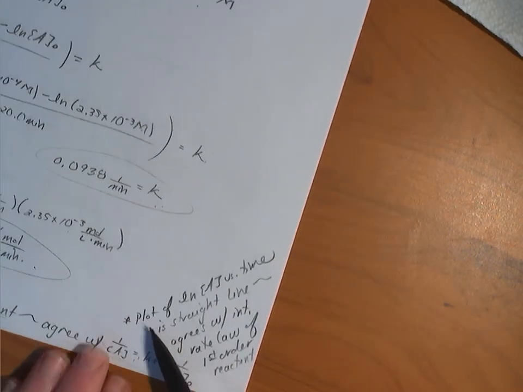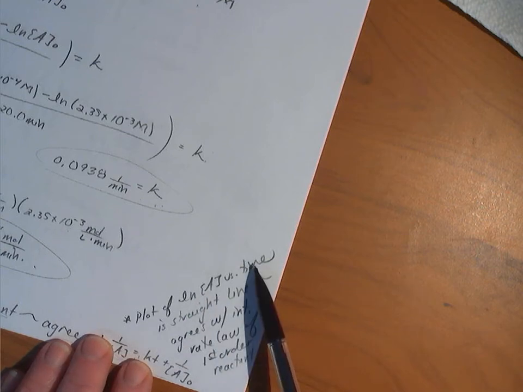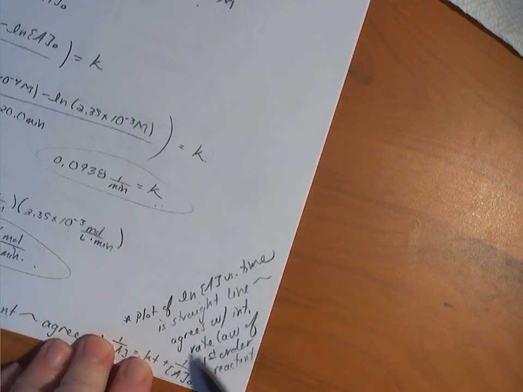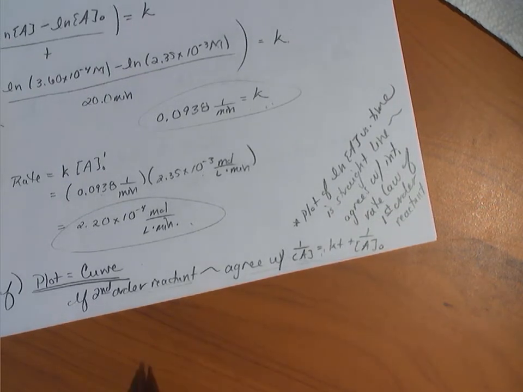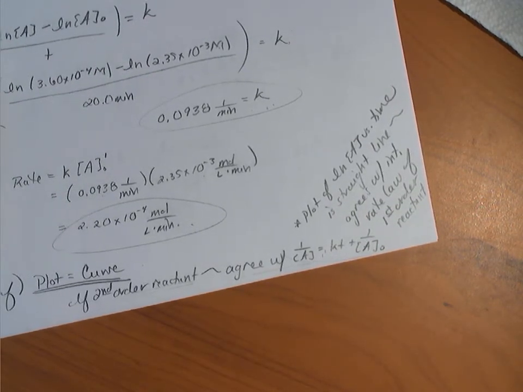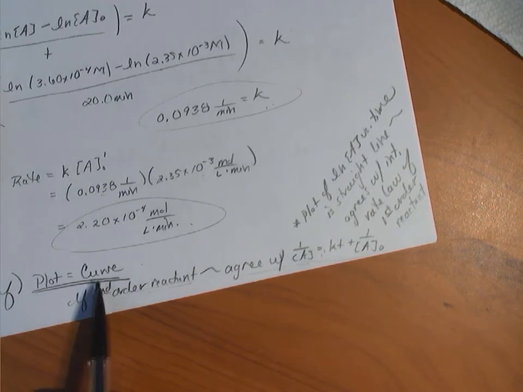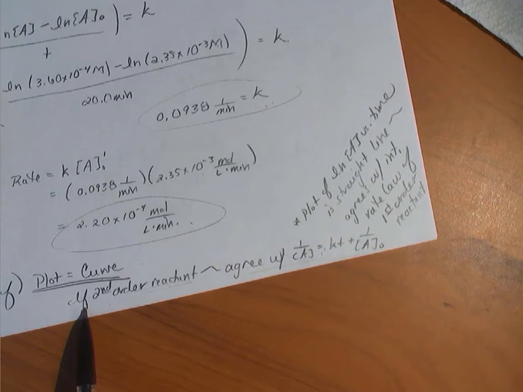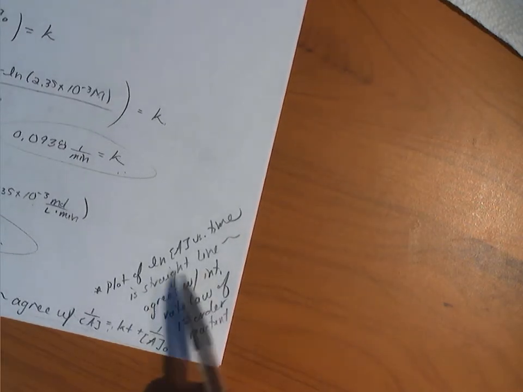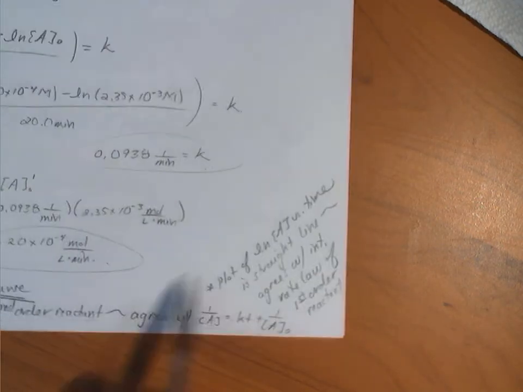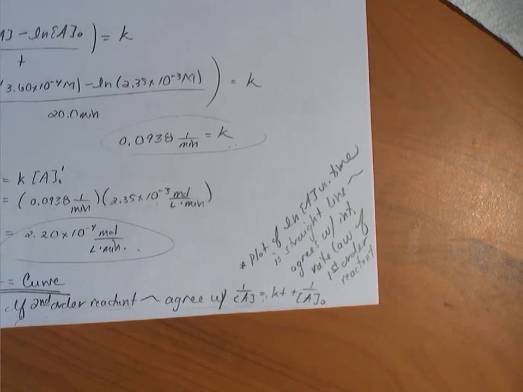No, we need to plot natural log of concentration versus time, and that will give us a straight line. So the plot of what they said will not be a straight line. It will be curved. It will be straight if it were a second order reactant. The plot of this will give us a straight line. So we should really include both in our answer.